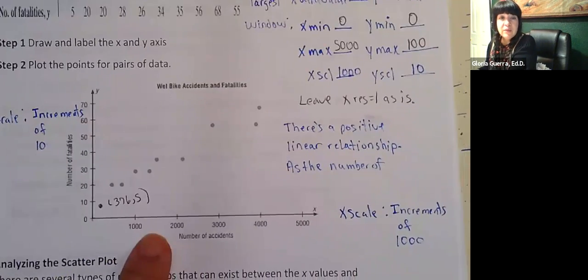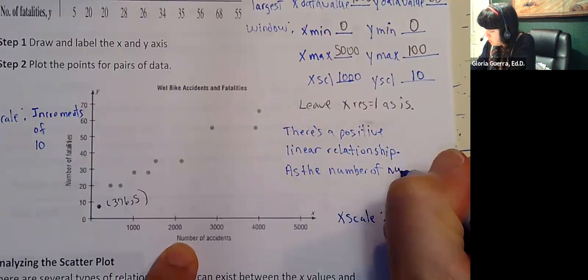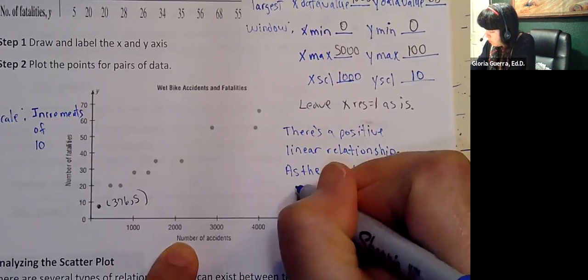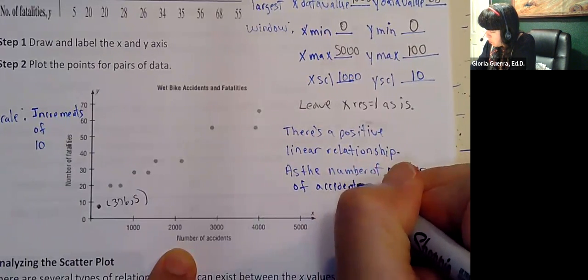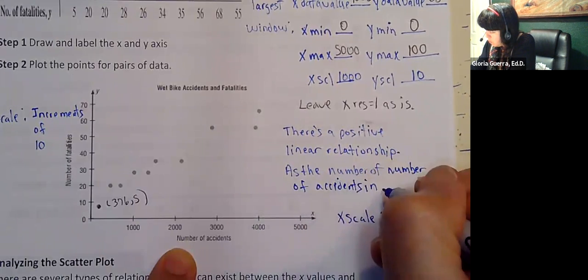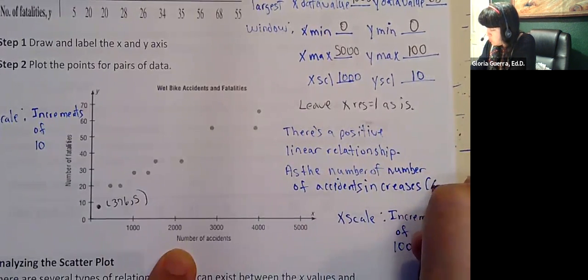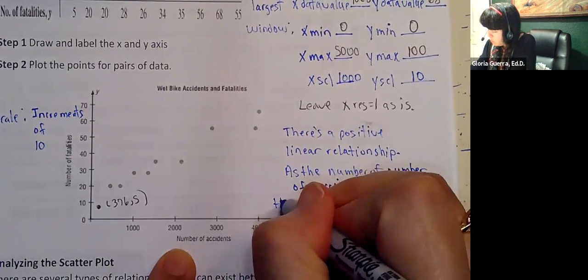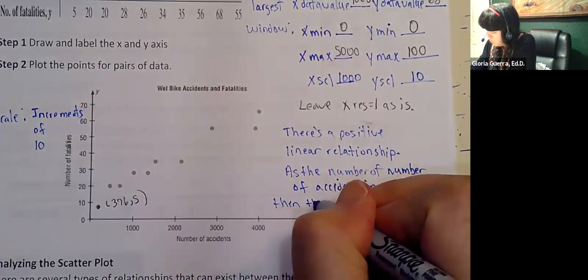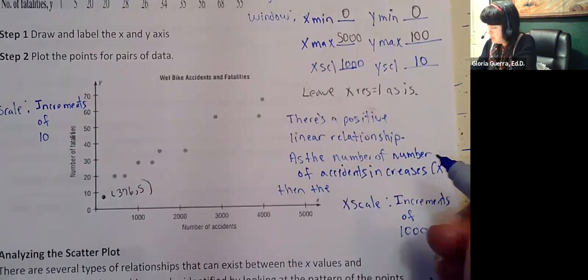So for us, as the number of accidents increases, which are the x's, then the number of fatalities increases, and that would be your y's too.